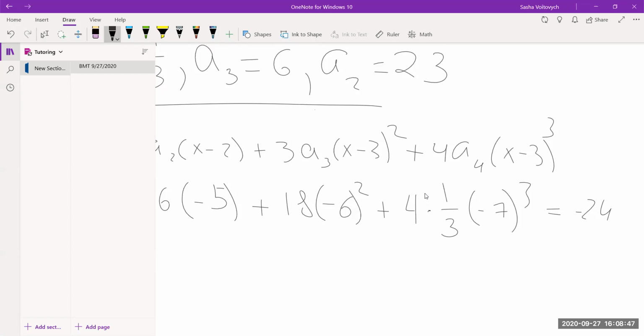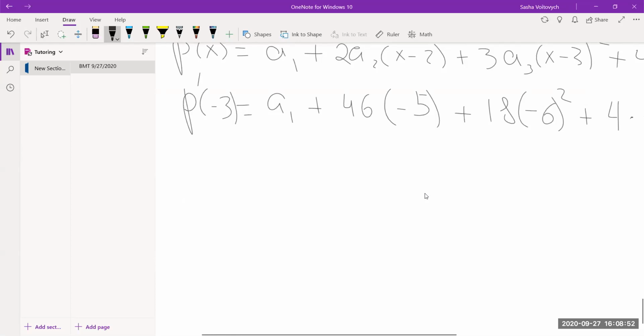So we just have to calculate the value of a1.